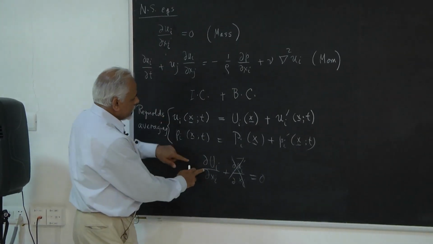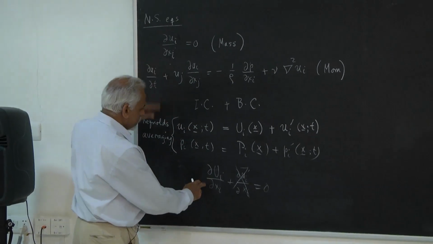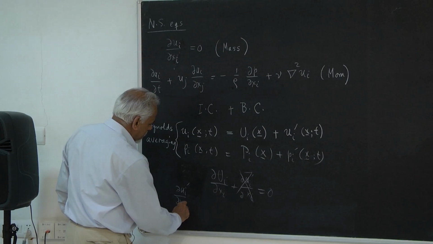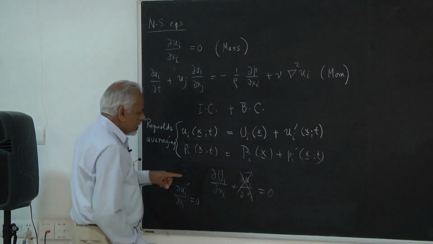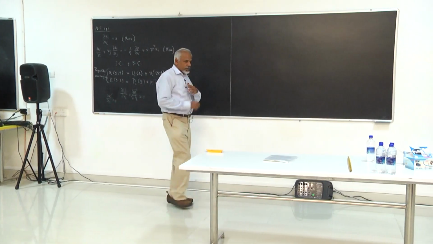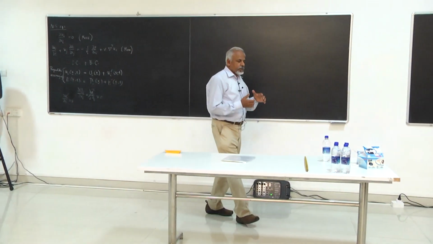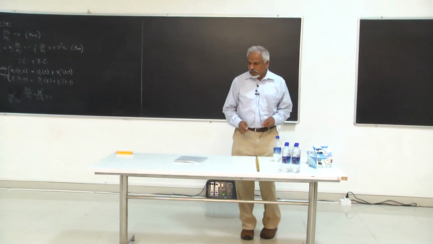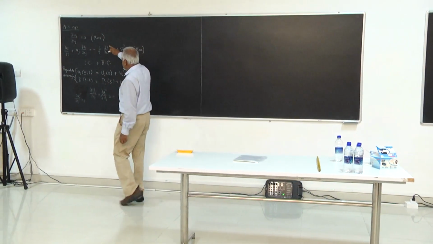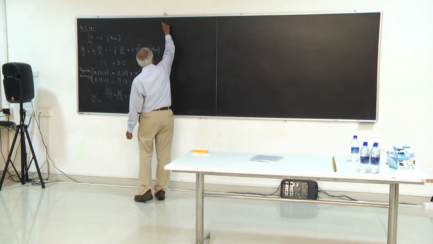And if you subtract the mean from the old equation, you will also find dui'/dxi equals 0. That is, both the mean and the fluctuation satisfy the same equation, okay, separately. So not only does the full velocity satisfy this equation, but also the mean does.